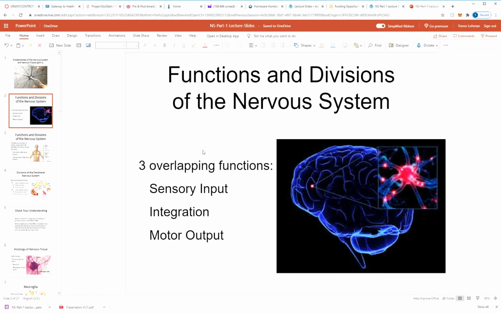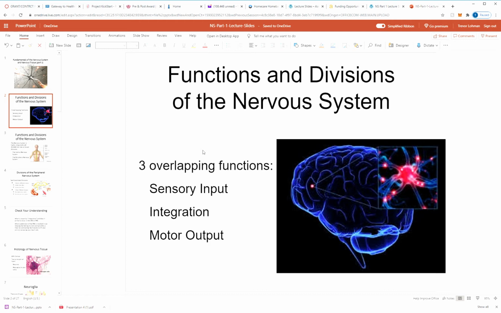Some integration occurs in your spinal cord, and as a result of that integration, you move your hand. You produce motor output, and motor output is in the form of action potentials being sent to your arm muscles so that you withdraw your hand. It's actually an example of a reflex as well. But that particular reflex illustrates the 3 functions of your nervous system.